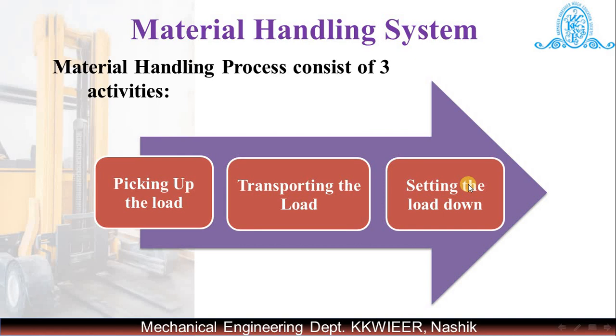Whatever type of handling system we use, we have to follow these basic three steps: picking up the load, transporting the load, and then setting the load down. These are the three activities we always have to follow.